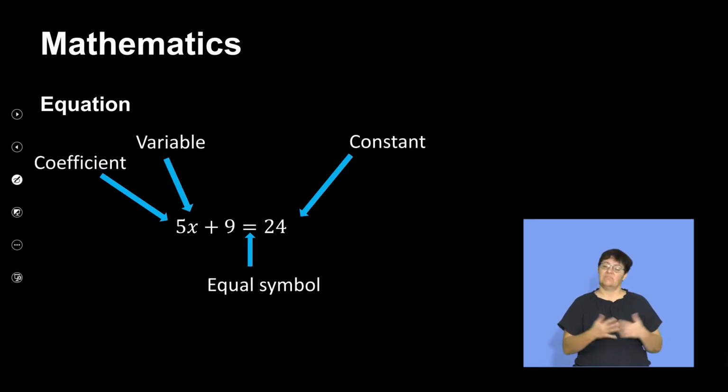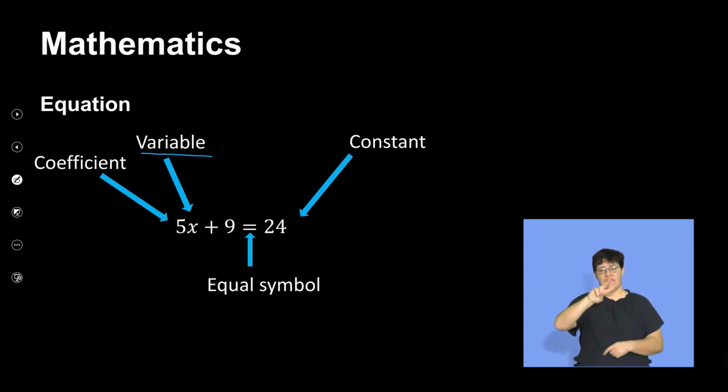An example of an equation is 5x plus 9 equal to 24. We label this in the following way. The 5 in front of the x is normally called the coefficient, and the x itself is called a variable. We don't really call them alphabets in mathematics, we call them variables.